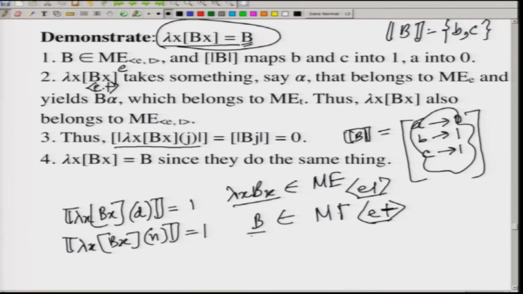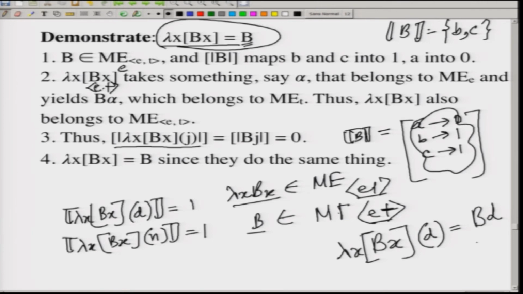There are many different things that can be achieved by having a lambda expression, which b could not do. For example, lambda x b x is an operation, it is a function. It is a function itself, it can take a value and yield a result.